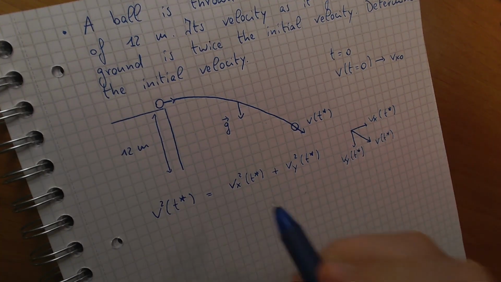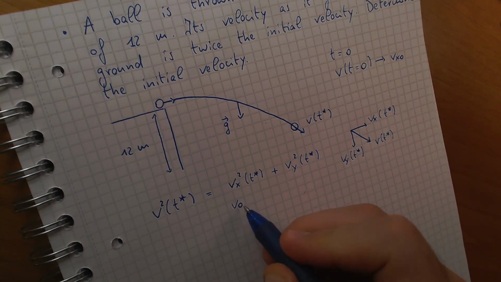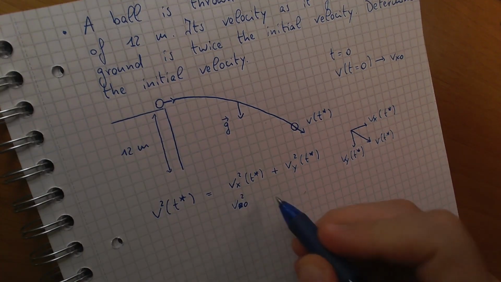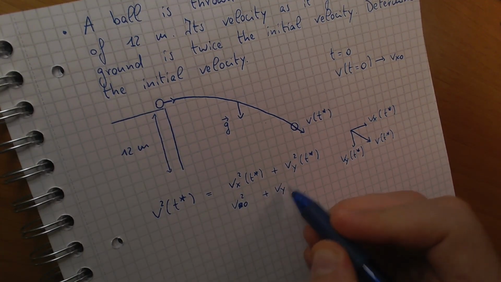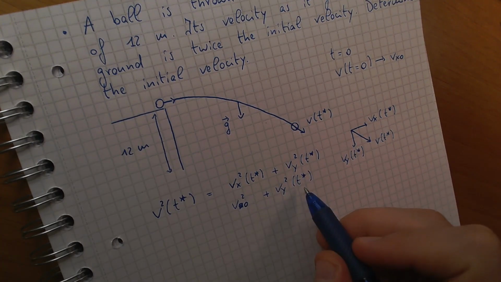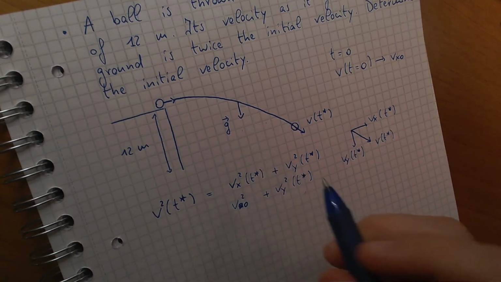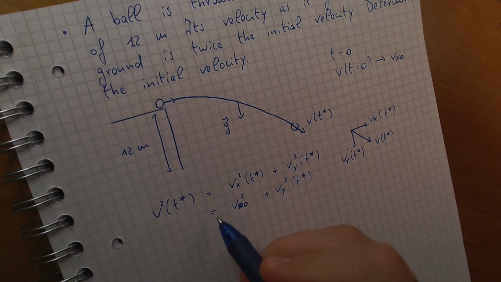So this means that this will be Vx0 squared, and then the velocity in the y direction changes, because here we have an acceleration.